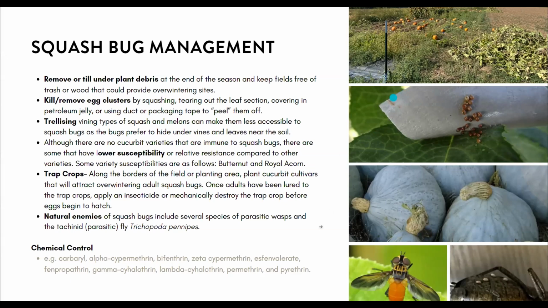And that could really help knock them down before they even lay eggs. If you miss that window, you can do it later on when the new nymphs have just hatched. That's a good life stage to try to hit them with the spray.